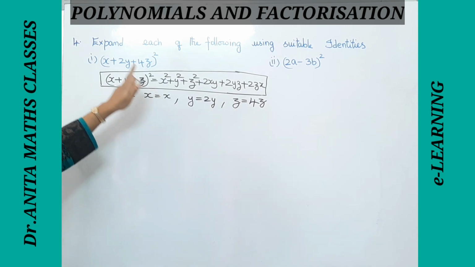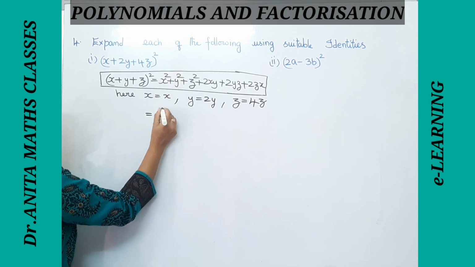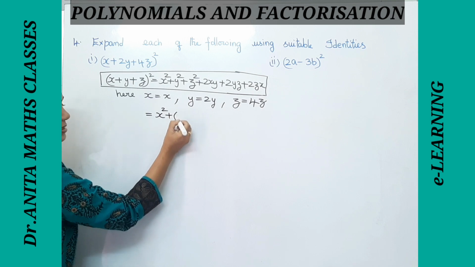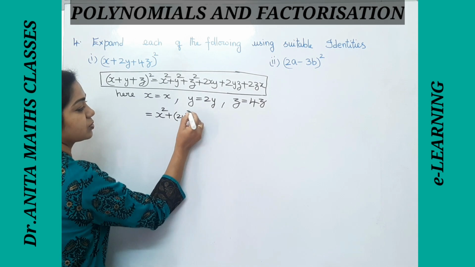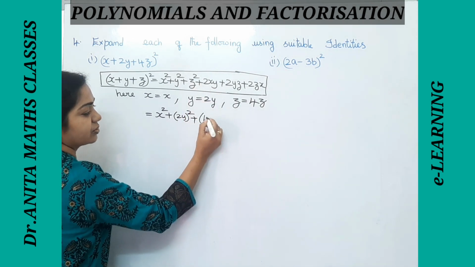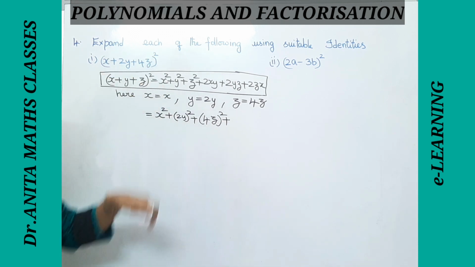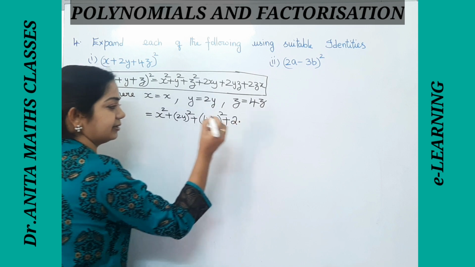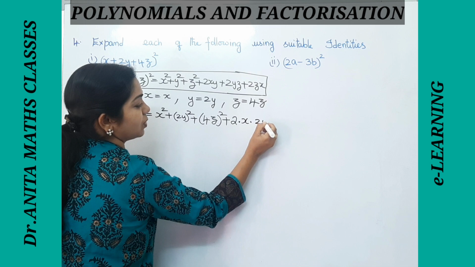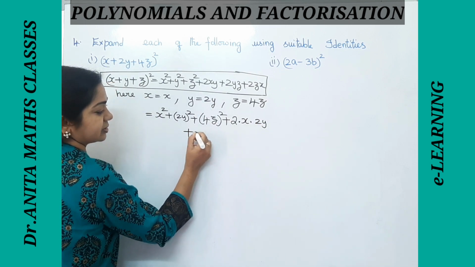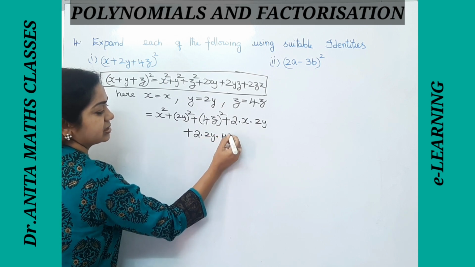So likewise we will expand this one. Now if you expand it, x square is simply x square, y square is having two terms so 2y should be squared, 2y whole square, plus z square is 4z whole square, plus 2 into x into y, that means, I'll write multiplication as dot, 2 dot x dot 2y, plus 2 into y, that is 2y, into z, that is 4z.